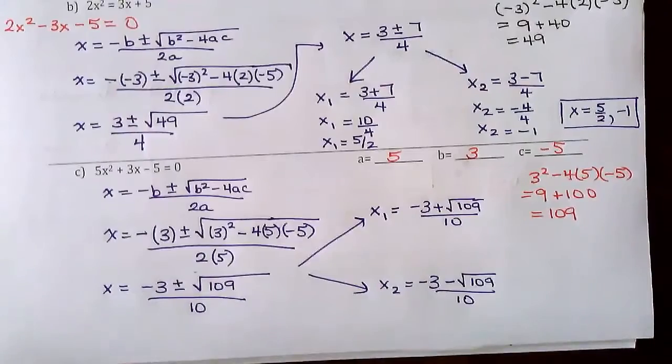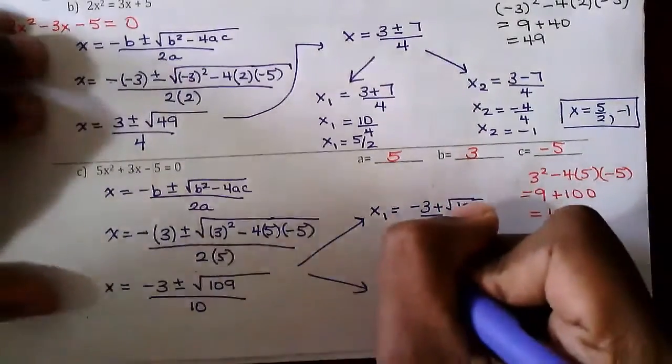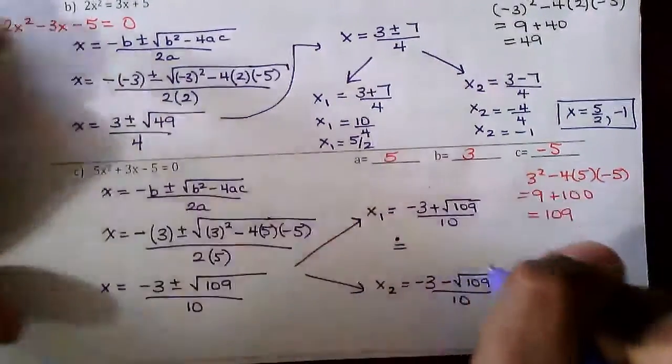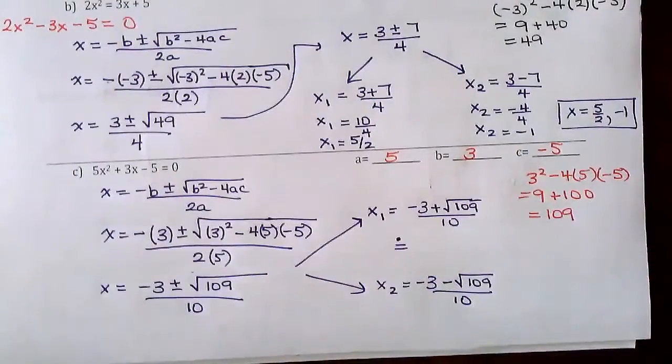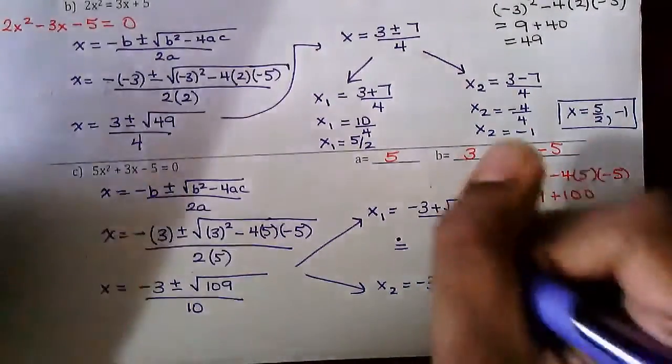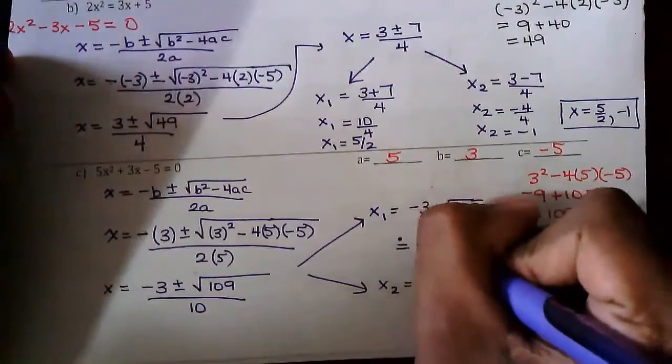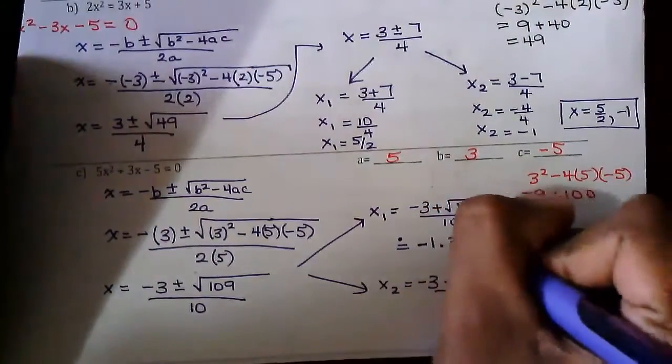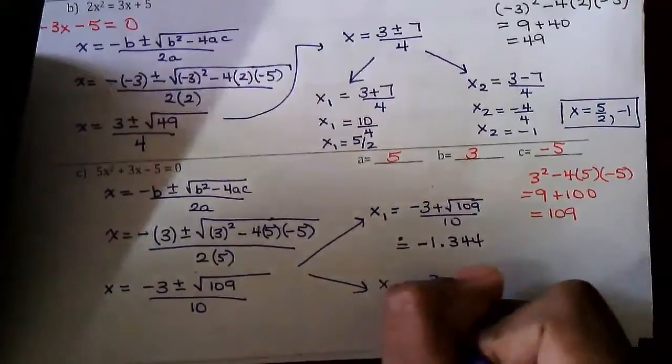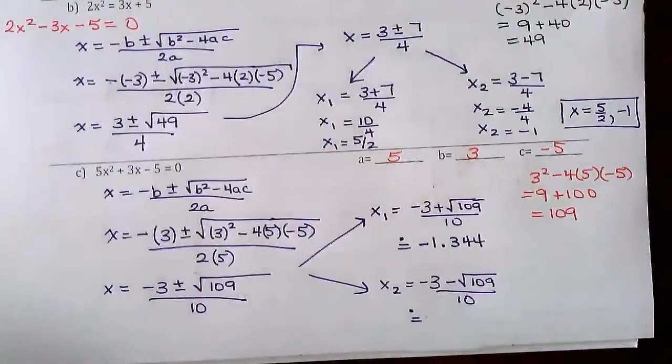If I want to approximate them to 3 decimal places, then what I need to do is plug this into my calculator. I'm just going to do it very quickly. And then make sure you try putting it into your calculator and you get the same answer. So this is negative 1.344 approximately.